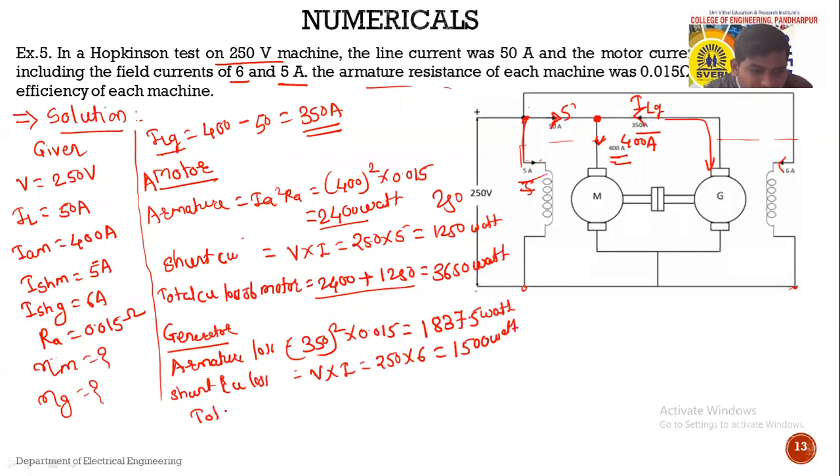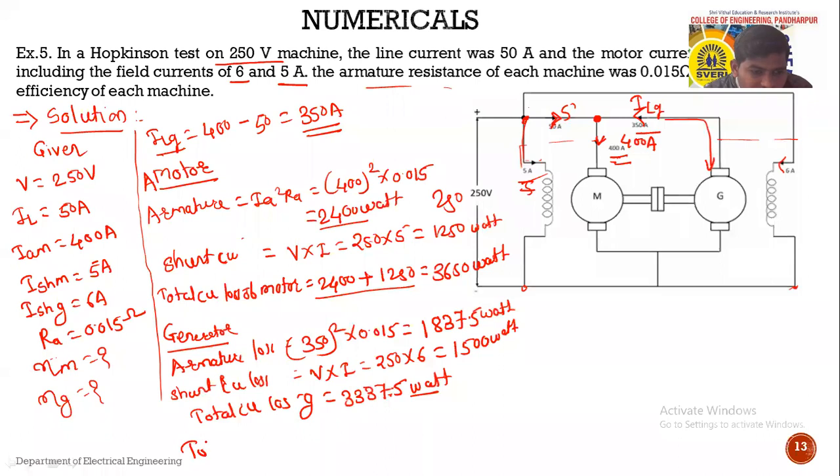So calculate total copper loss of generator चे total copper loss. Do the addition. 1500 plus 1837.5, 3337.5, right? बरोबर ना? Yes, sir. Okay, so it is equal to 3337.5 watt.